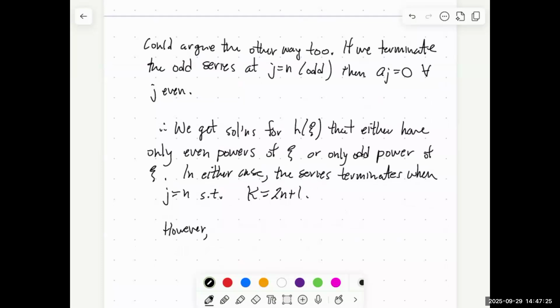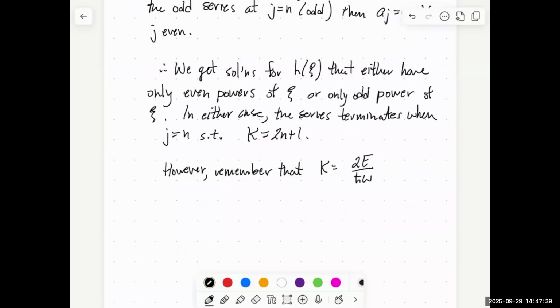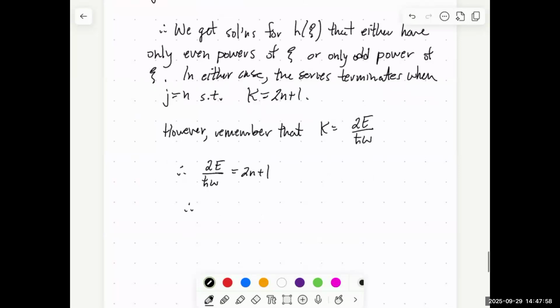However, remember that we defined k. k was just a collection of constants, and it was 2E over h bar omega. So therefore, this k that we're using to truncate our series, 2E over h bar omega, is equal to 2n plus 1. Let's divide by 2 and multiply by h bar omega.